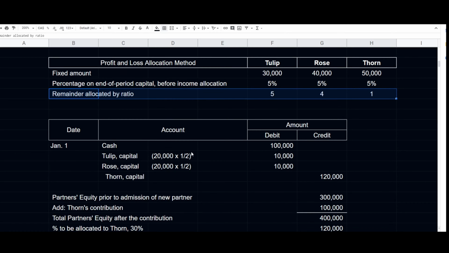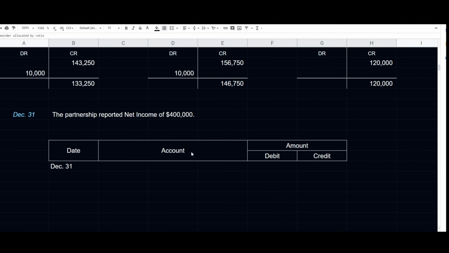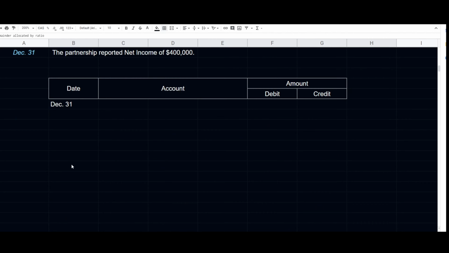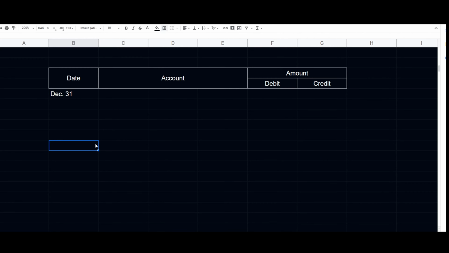So let's construct a little table to help us allocate this income. We can do so here. The amount of income to allocate. We know that the amount to allocate is 400,000.